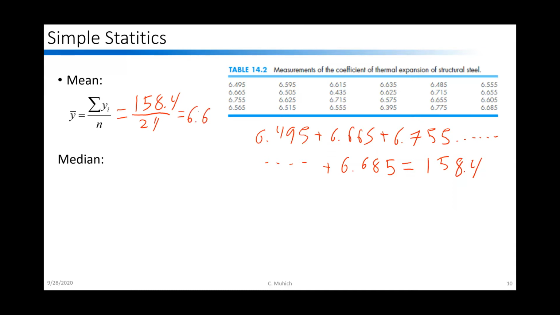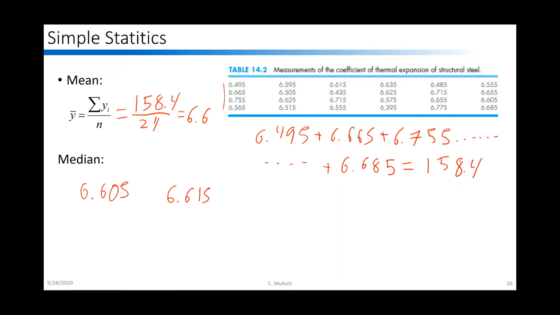I can do a similar process for the median. I can take each of my data points and sort them from smallest to largest, and then go through and find which one is in half. When I go through and do this, I find that I have 12 data points which are lower than 6.05, and 12 data points which are equal to 6.615 or above.